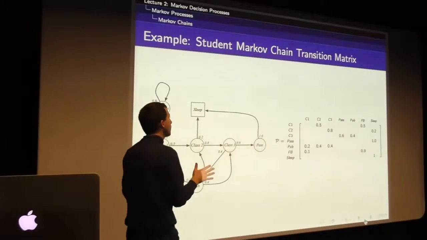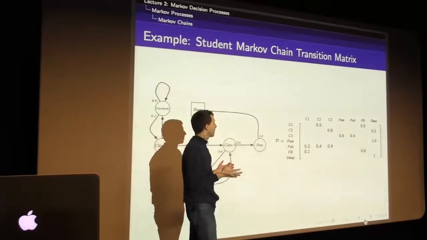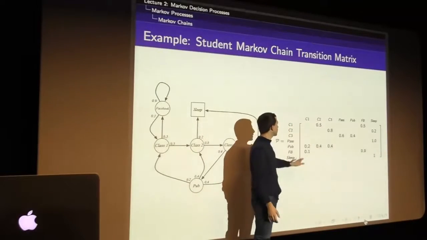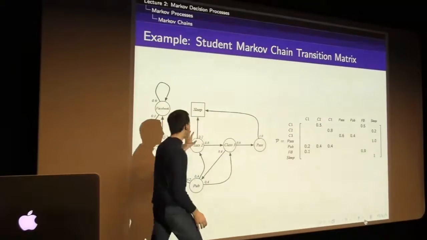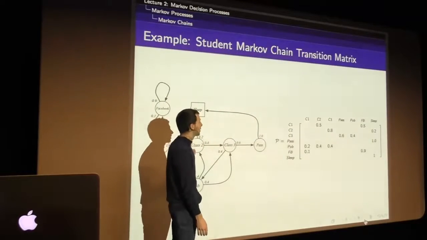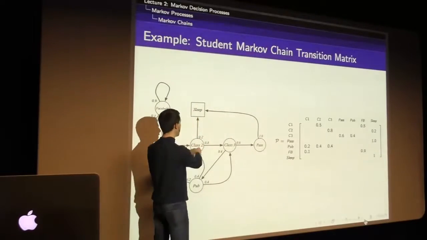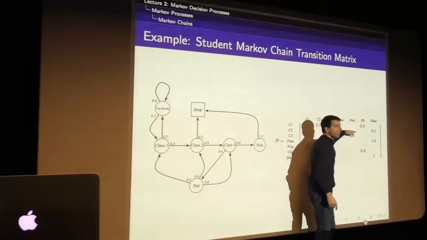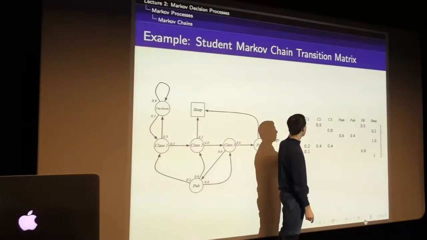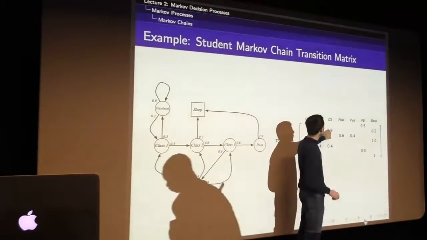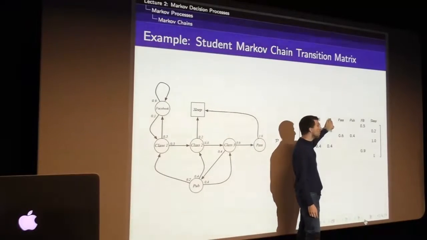Okay. Now we can look at the transition matrix for this problem. The transition matrix is fully described over here. It tells us, for any one of these states we might have been in, the probability of transitioning to any other state. For example, if we consider class 2 and look across this row, there's a 0.8 probability, an 80% chance, of transitioning to class 3.